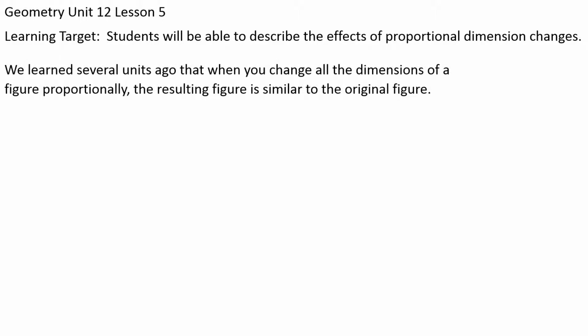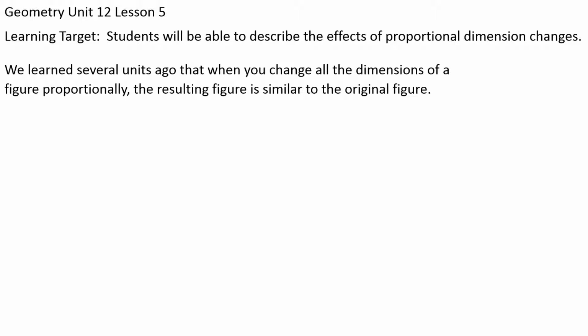Now, quite some time ago, when we were doing the proportionality, we were doing the transformations where we said what would happen if we doubled every dimension or if we tripled every dimension, and we discovered that the resulting figures were similar to the original figure. Right?